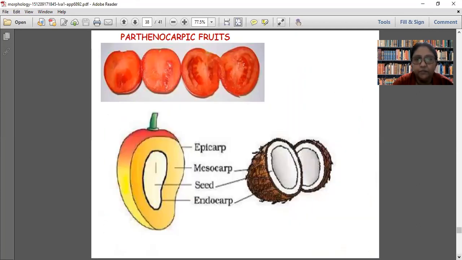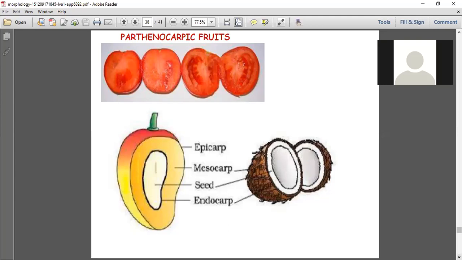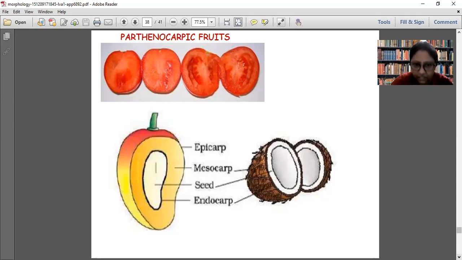These are examples of parthenocarpic fruit. Nowadays it is said that you should not eat the seeds of tomato. Many a time, yes ma'am, the seeds cause stones. So you can see in this image how parthenocarpic tomatoes look.